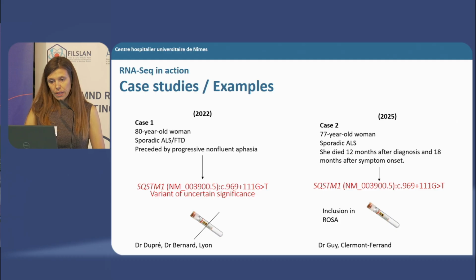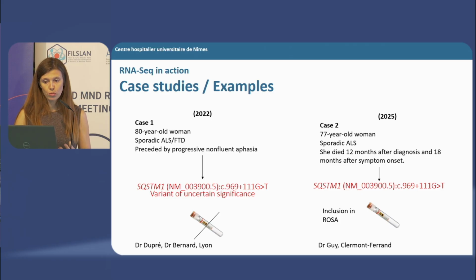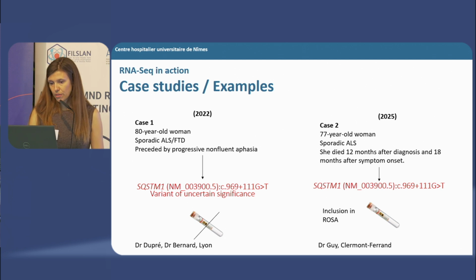And this year, we identified the exact same mutation in an unrelated sporadic case, a 77-year-old woman followed by Dr. Nathalie Guy in Clermont-Ferrand. She was included in the ROSA project, so we could investigate this variant.